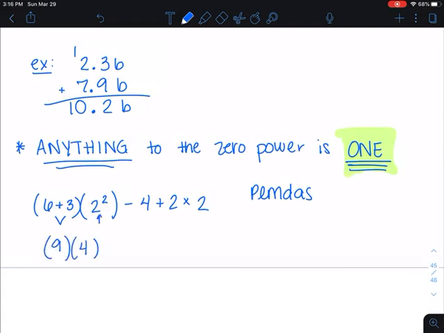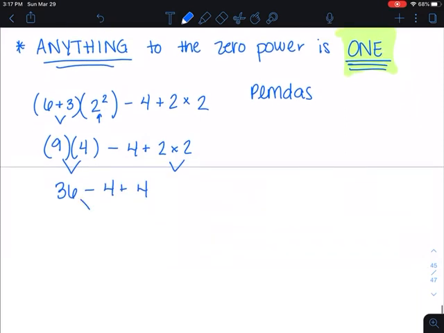Exponents come next. 2 squared is 4. Multiplication and division go left to right, so 9 times 4 is 36. 2 times 2 is 4. Subtraction and addition, adding and subtracting go left to right. 36 minus 4 is 32. 32 plus 4 is 36. You could have also known these canceled and had just 36.